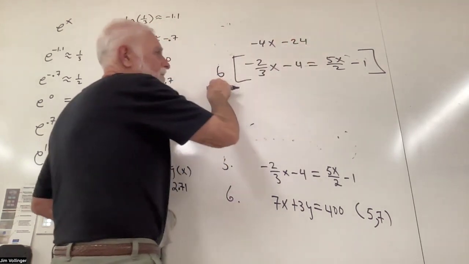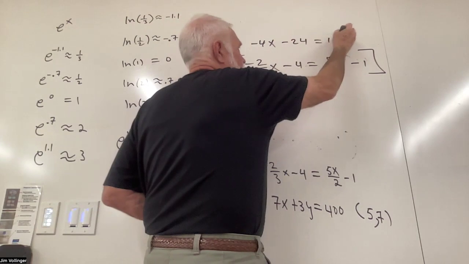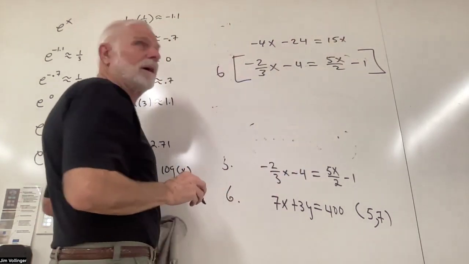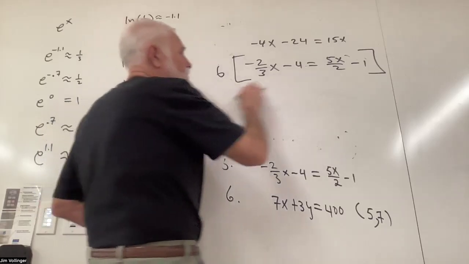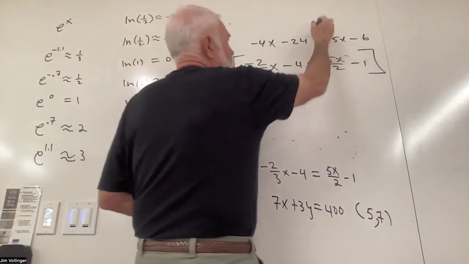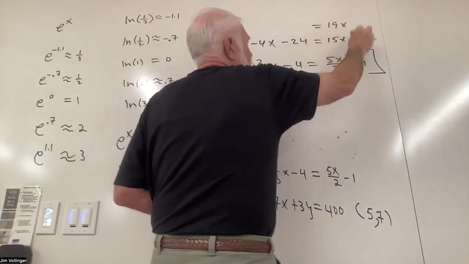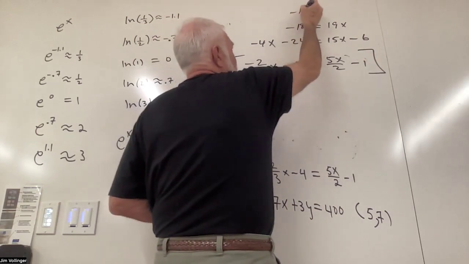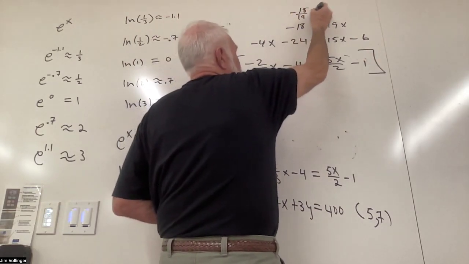And I know that 2 goes into 6 3 times, so I can make that 15x. And if I don't get tired, and I will by the time I get to problem 55, let's see how I do. -6. All right. I'm going to bring the -4x this way, so I don't have to divide by a negative. I'll bring the 6 this way. That appears to be that. So it looks like it's -18 over 19 for an answer.